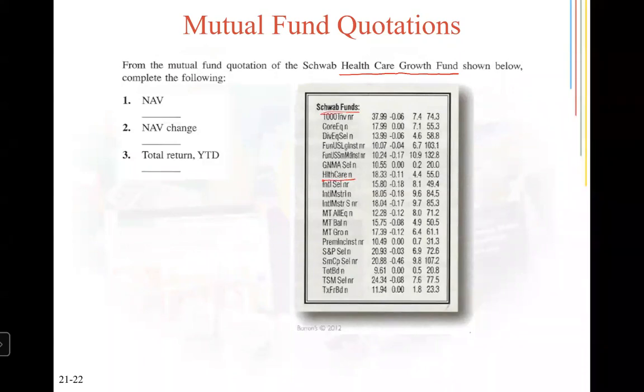And if you go across, remember the first column is NAV. Next column is the change. And the next column is the year-to-date return. All right, so what's the net asset value for this particular one, the Healthcare Growth Fund?